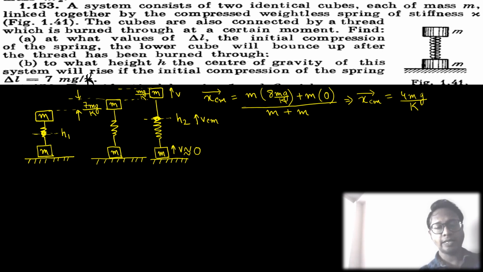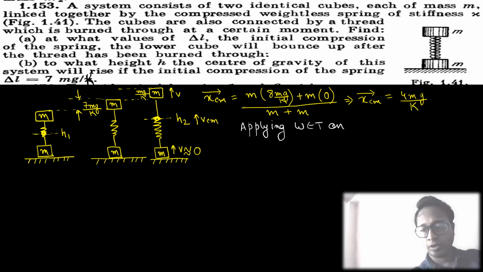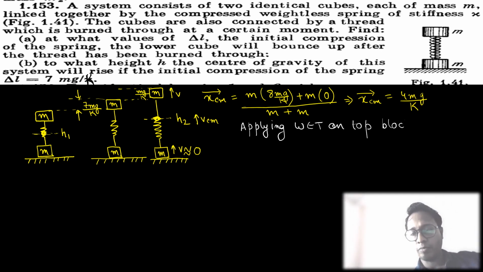Now if I apply the work energy theorem only on the top block from this position to this position, what will happen? Applying work energy theorem on top block, what would I get?